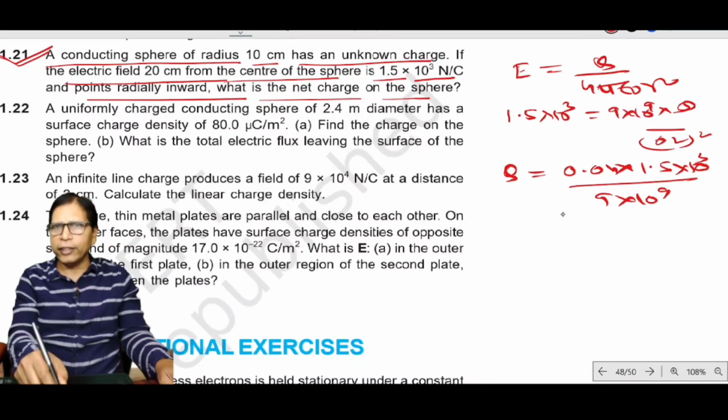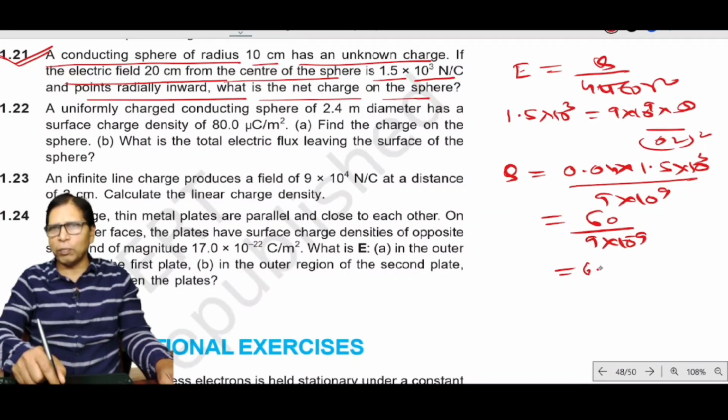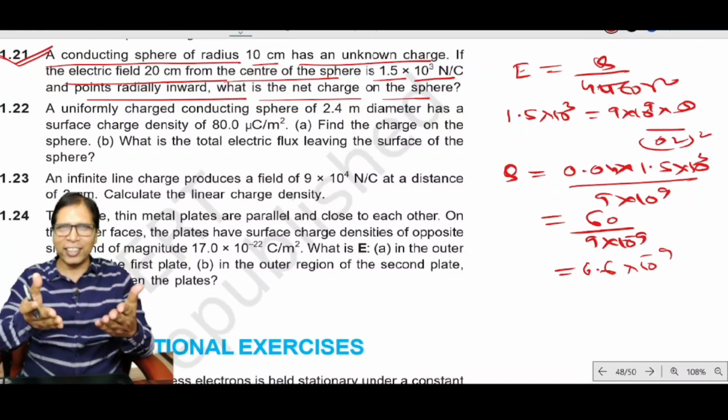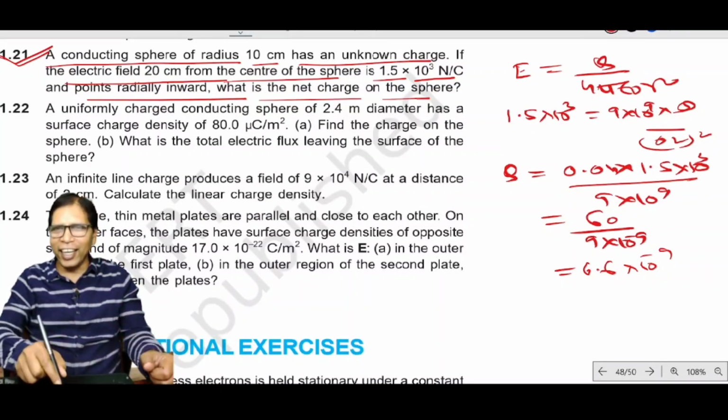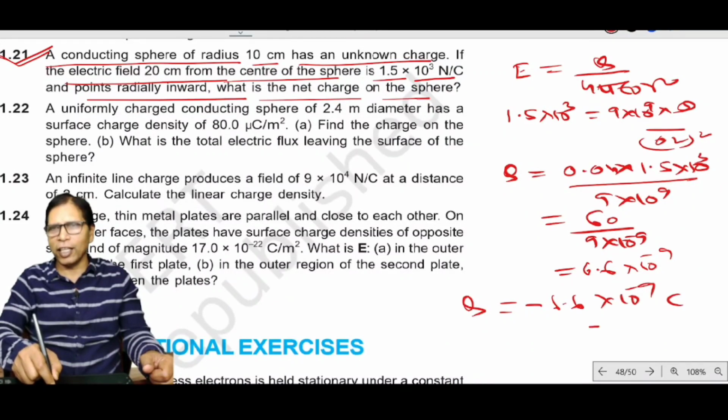That is 60 by 9 into 10 to the power minus 9, which is 6.6 into 10 to the power minus 9 Coulomb, and this charge is negative. So Q is minus 6.6 into 10 to the power minus 9 Coulomb.